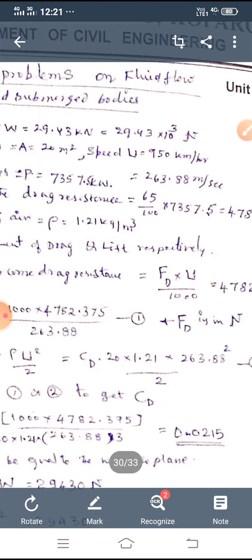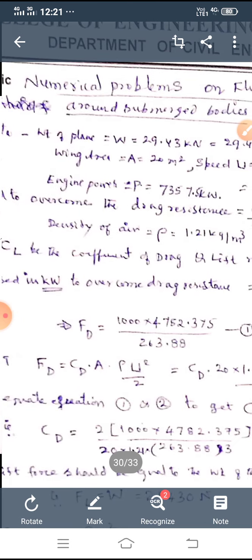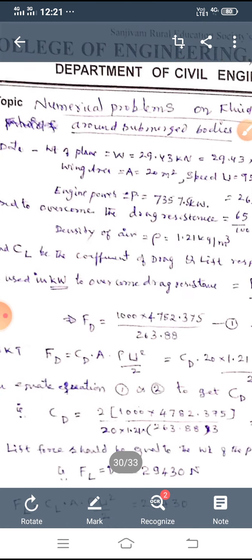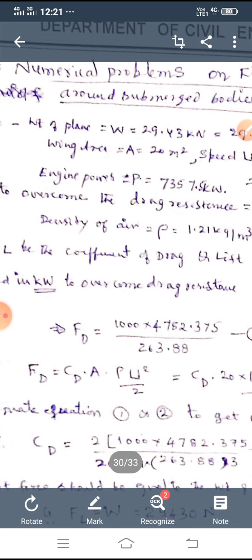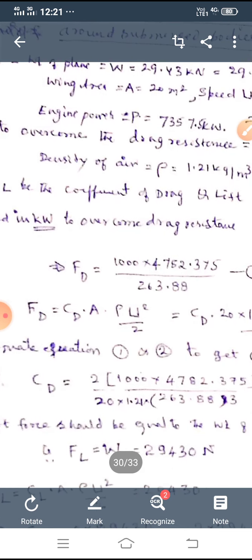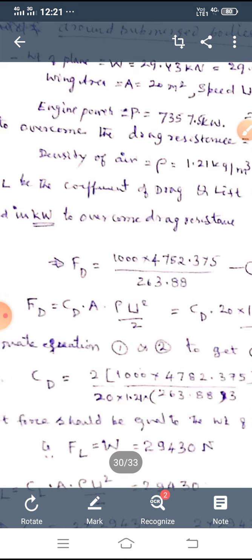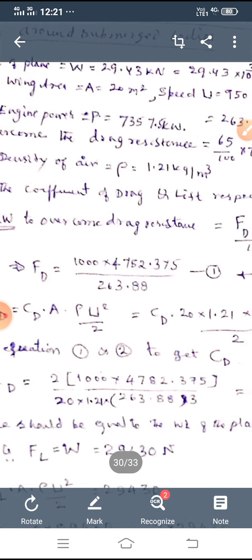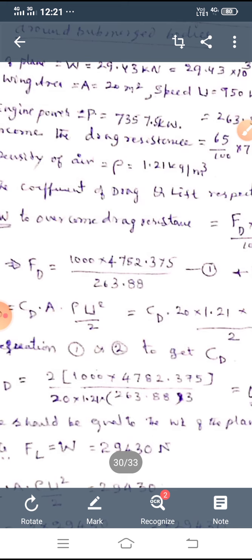Now FD is equal to 1000 multiplied by 4782.375 divided by 263.88.